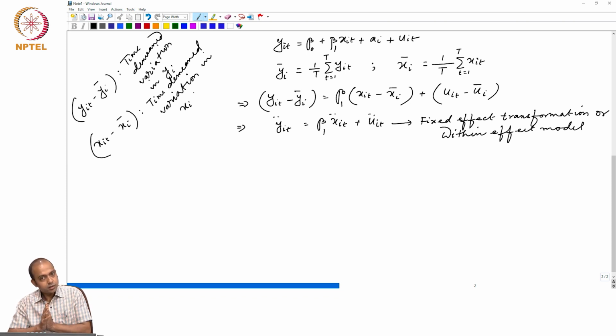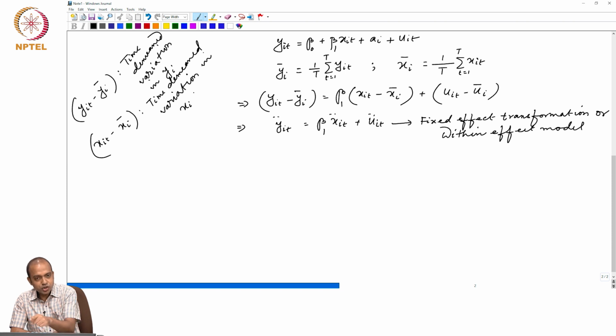Okay, all right. From the structure of this model, once again it is very clear that in this fixed effect transformation, we cannot include any variable which is not changing over a period of time, because if the variable is time constant, then that variable will get eliminated along with the AI. And why is this called within effect model?